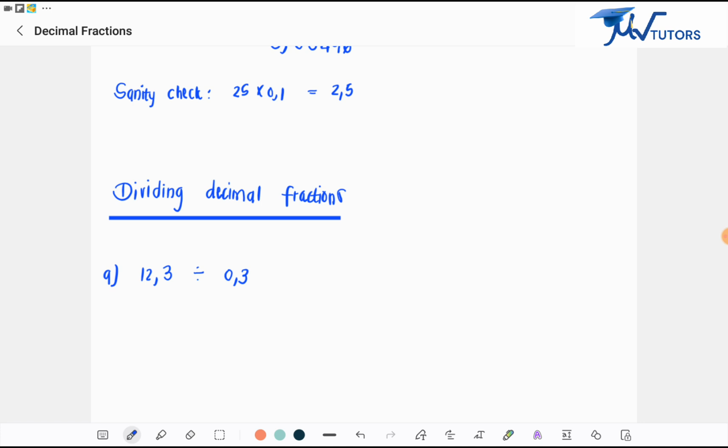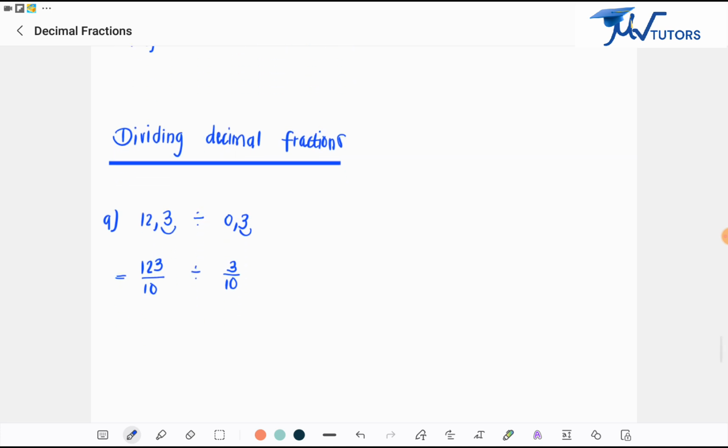So if you have 12,3 and I'm trying to write it as a common fraction, if I take it one space to the right, I'm going to have 123 over 10. Okay, and I'm basically dividing by, we're going to go one space there, so it's going to be 3 over 10. Now remember how we deal with division of common fractions. We have 123 over 10 divided by 3 over 10. We're going to multiply, right?